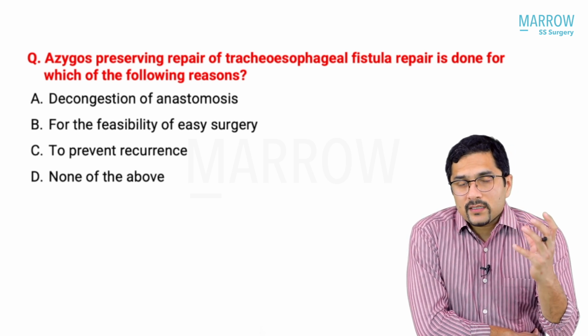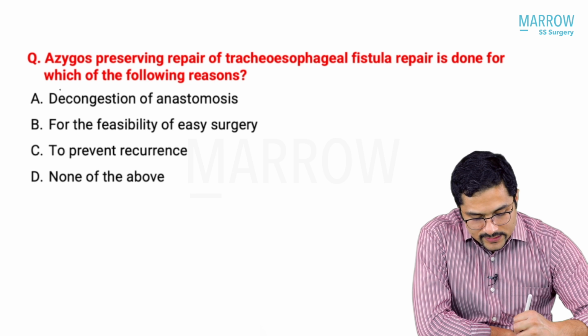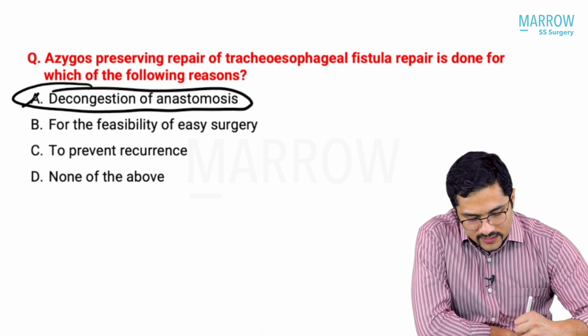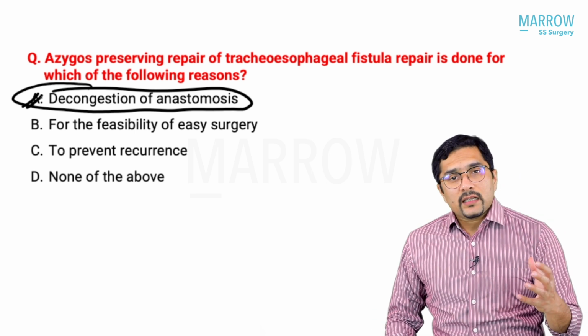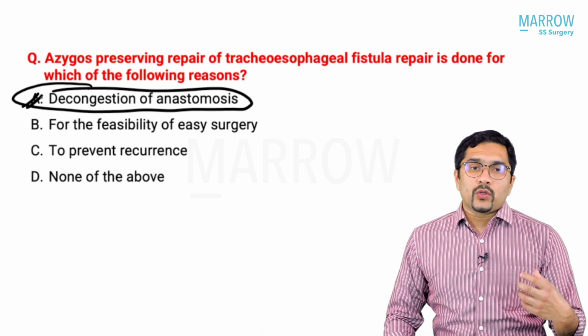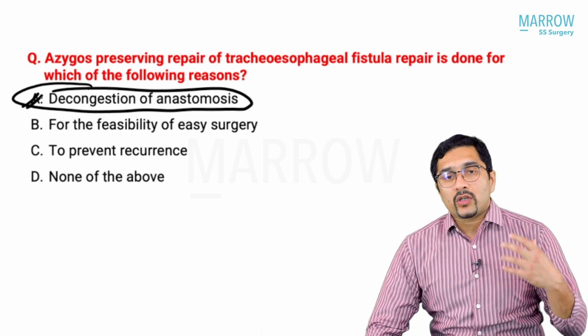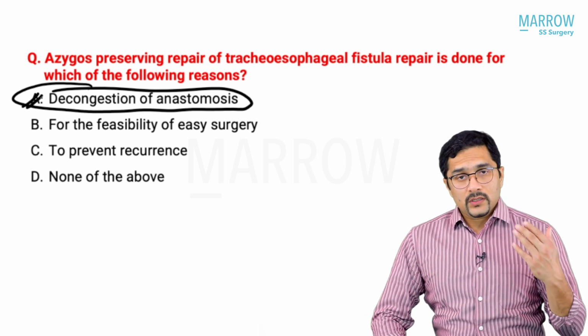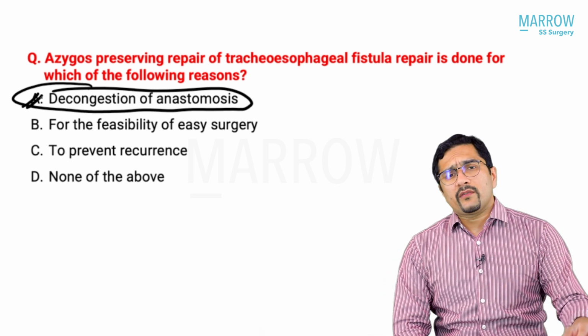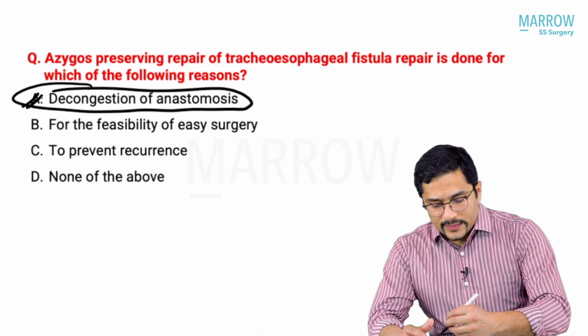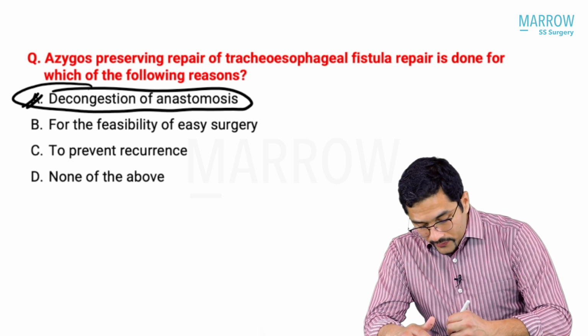But azygos preserving is done to decongest the anastomosis, and what they have seen is that if you preserve the azygos vein, then there is less edema in the anastomosis and the chances of anastomotic leak are less. So, to decongest the anastomosis and reduce the risk of anastomotic leak, we do an azygos preserving repair.